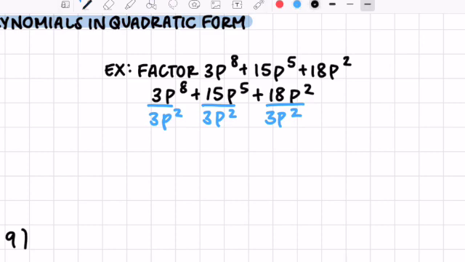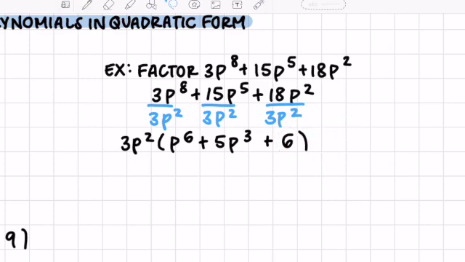When I do that, I have here 3p to the power of 2, and this becomes p to the power of 6 plus 5p to the power of 3 plus 6. And that would be your next factor.